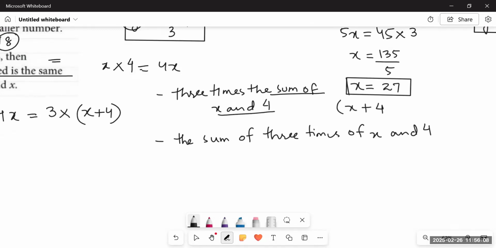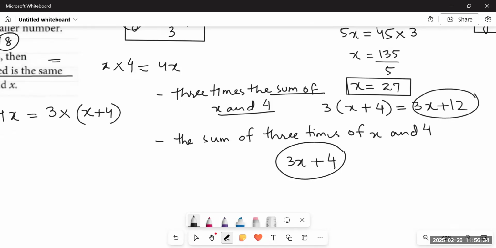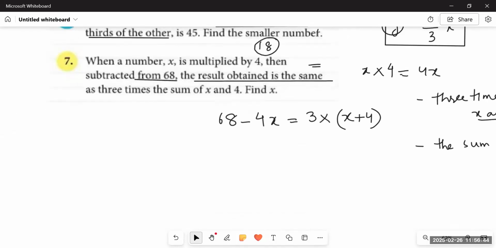According to the BODMAS rule, we have to solve x plus 4 first, then multiply it by 3. But in the other case, 3 times of x and 4 would be added. So you see the difference? In this case, I will get 3x plus 12, and here I will have 3x plus 4. These are some of the basic things that you have to account for while solving these types of questions. So keeping it inside the bracket is very important.